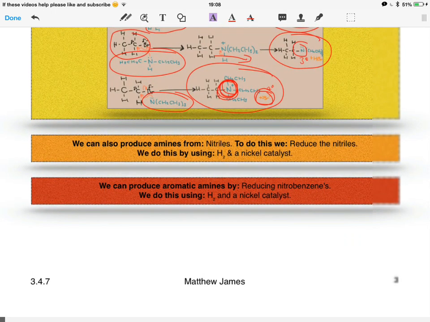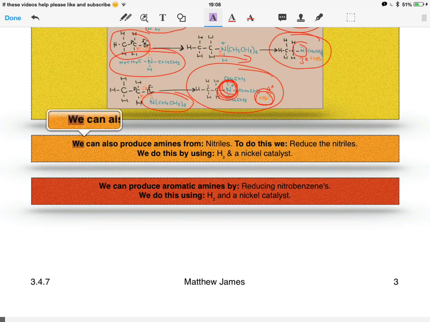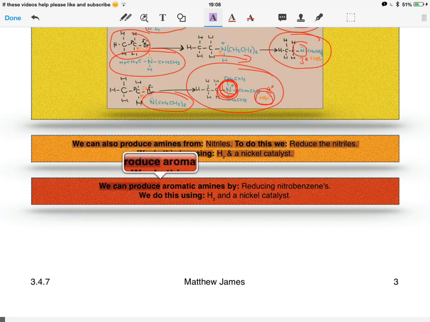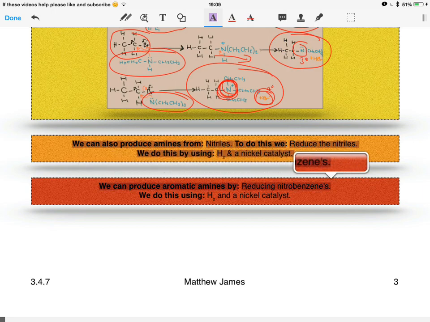So finally then, a bit more easier things to understand, we can also produce amines from nitriles, and to do this we reduce the nitriles, and we do this using hydrogen and a nickel catalyst. Similarly, we can produce aromatic amines, so phenylamines, by reducing nitrobenzenes, and again we do this using hydrogen and a nickel catalyst.